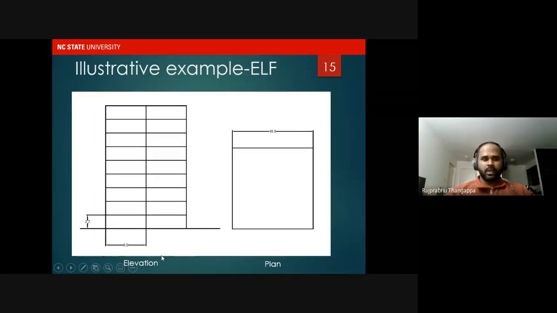So the elevation which you can see here is basically the frames on either side. So when the earthquake happens in the lateral direction, these frames, these beams and columns would bend laterally, would basically sway. And we will be seeing how to design the beams and columns for the earthquake forces using the equivalent lateral force method.